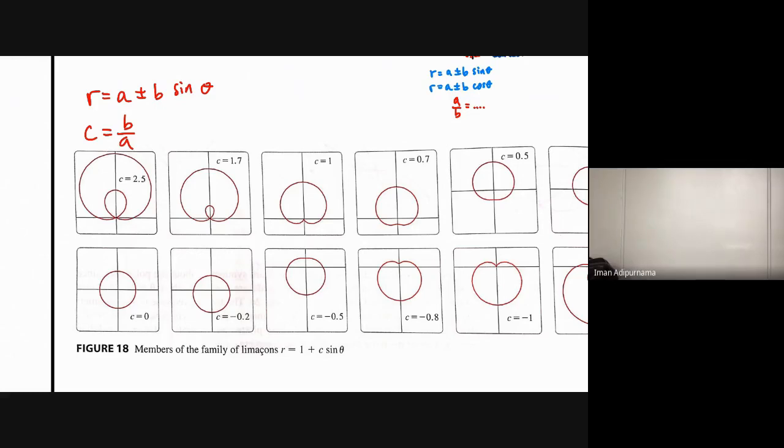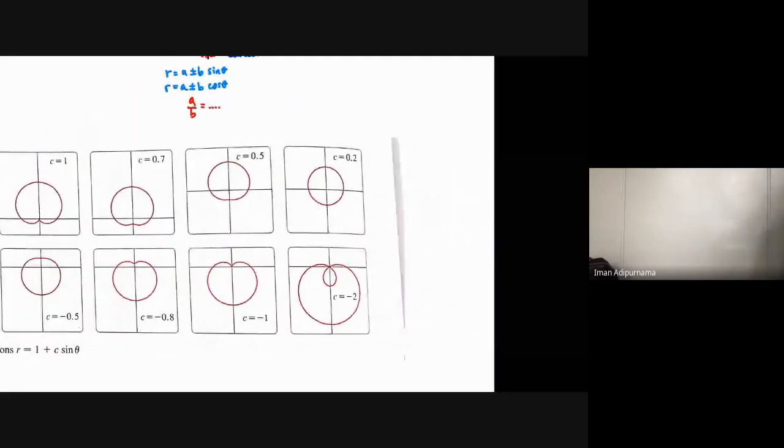Like I said before, if you have 1 plus and you change to 1 minus, it's the mirror. Okay, the mirror. So it becomes a -1 here, and then getting bigger in negative, it will be -2. As we see, 2.5 and -2 are similar, having the inner loop, but it has a bigger size in the bottom. Okay.